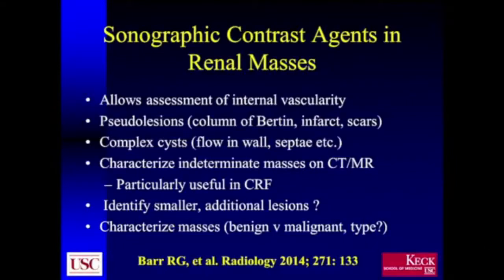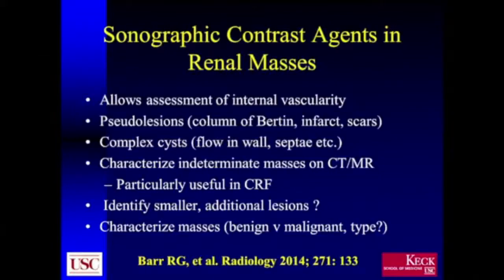There are also occasional cases where even after contrast administration, the degree of enhancement may be insufficient to classify a lesion as benign or malignant or containing flow, and the contrast ultrasound can sometimes help to clarify that.